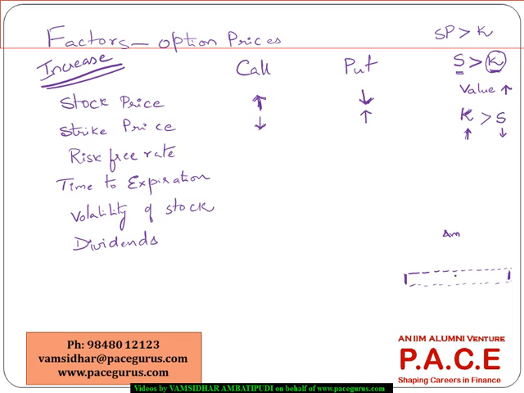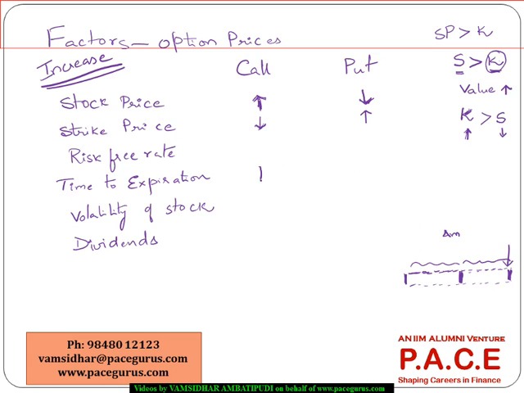Let's say we have two options, one expiring on this day, one expiring on this day. Because it's an American option, I can talk about the person who is exercising on this day. He has the chance to exercise the option on any of these days.